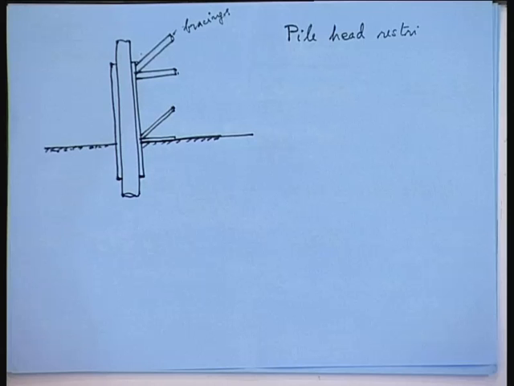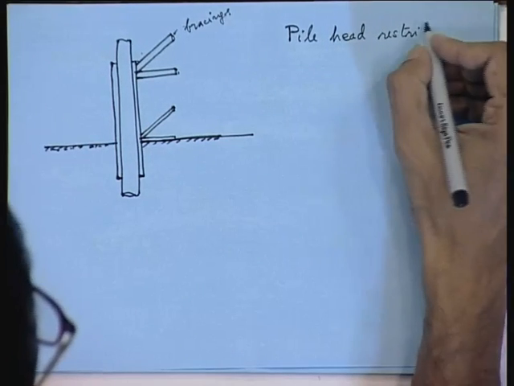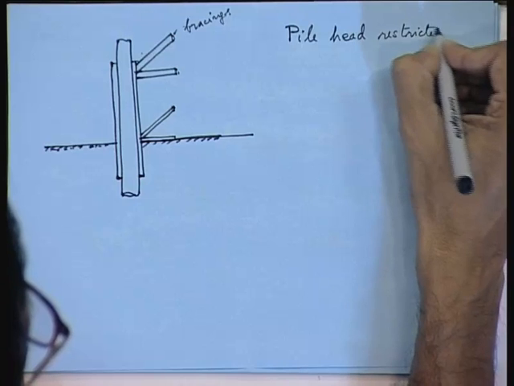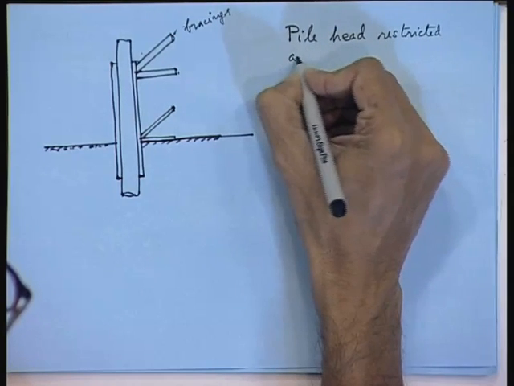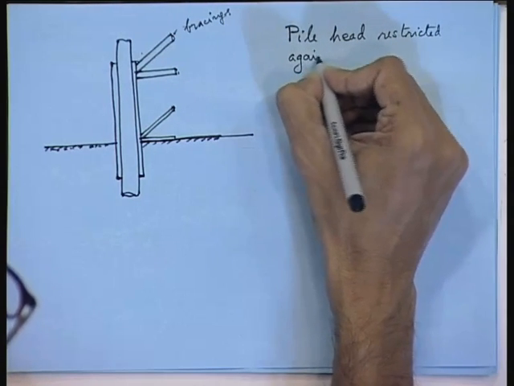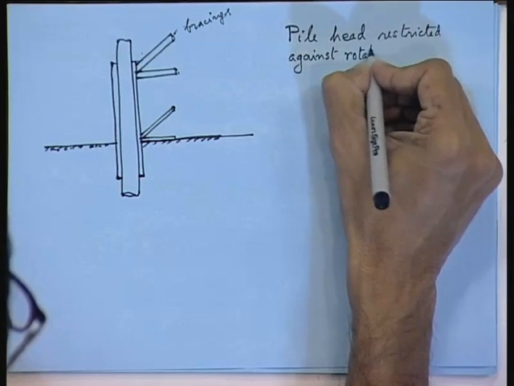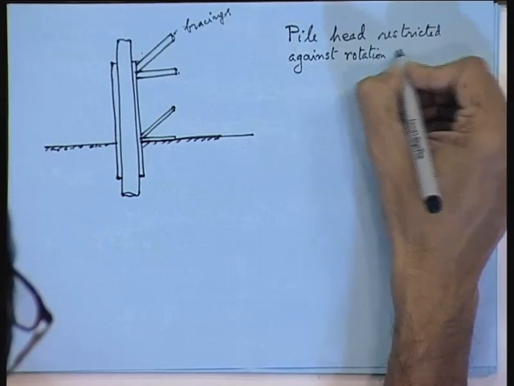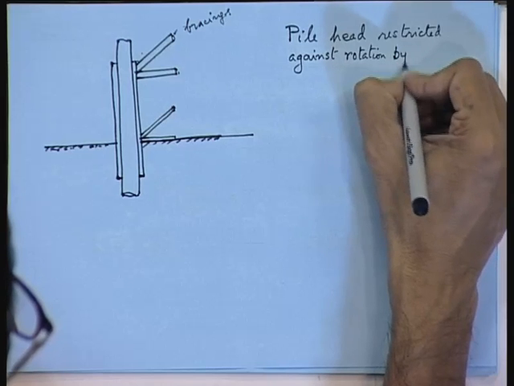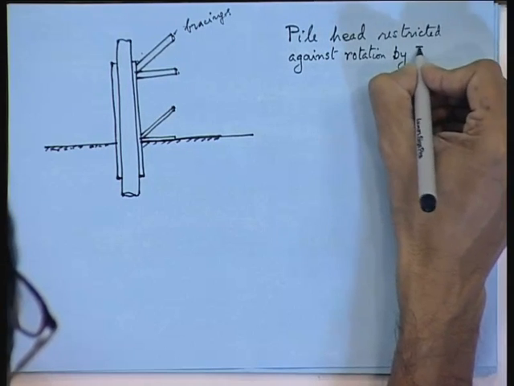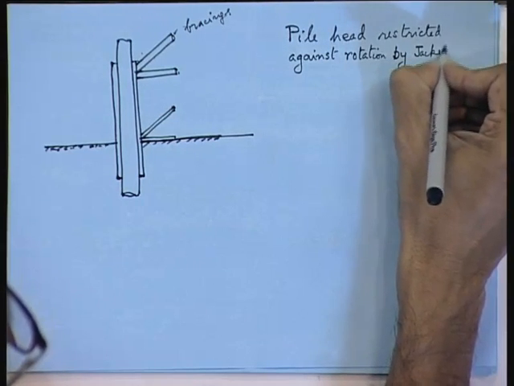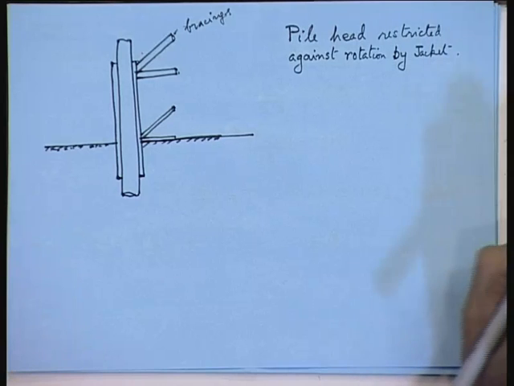Now, this is the special partially restrained pile head. So, this is pile head restricted against rotation. Restricted against rotation by what? By jacket. Jacket is the restraint.